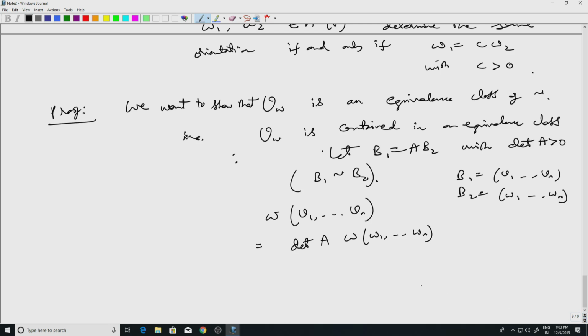Therefore, since det A is positive, omega of V1 to Vn and omega of this have the same sign.